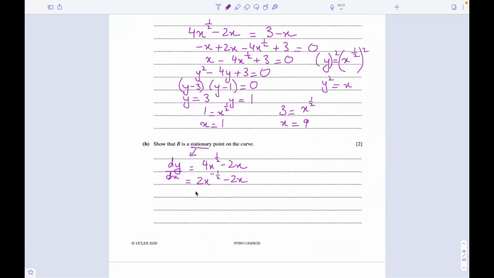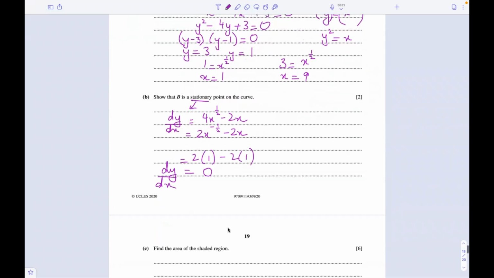Now we have the value of x as 1. So substituting 1 in the equation, we have 2 minus 2, which is 0. So this shows that B is a stationary point, as at B with x coordinate 1, dy by dx comes out as 0.